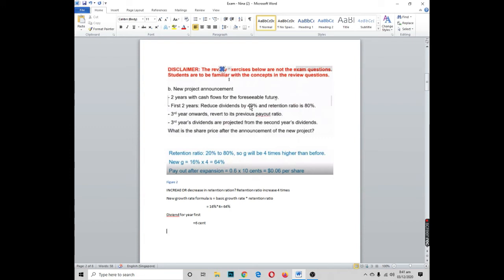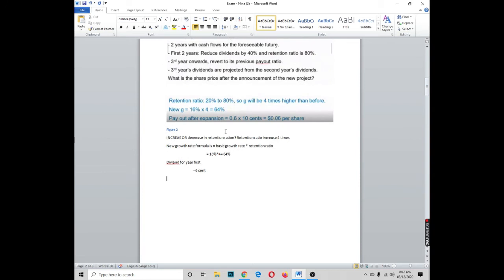Now we have basically found 3 things. First, find either retention increase or decrease. Second, find growth rate for year second. Third, find dividend for year first. Now we can easily find the value of the share.